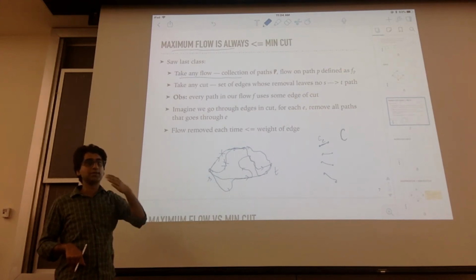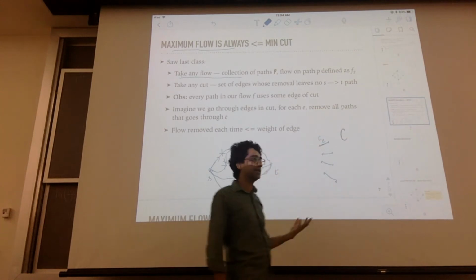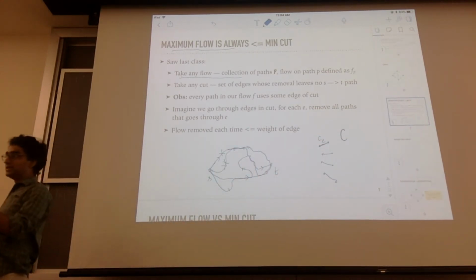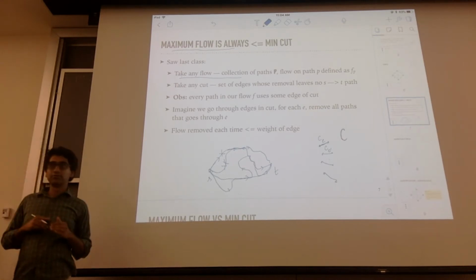I just argued that the sum of the flows that use this edge is at most c_e. So if I remove that, I've removed at most c_e units of flow. And if I remove all of these, then the total flow I have removed is at most the sum of these c_e values.